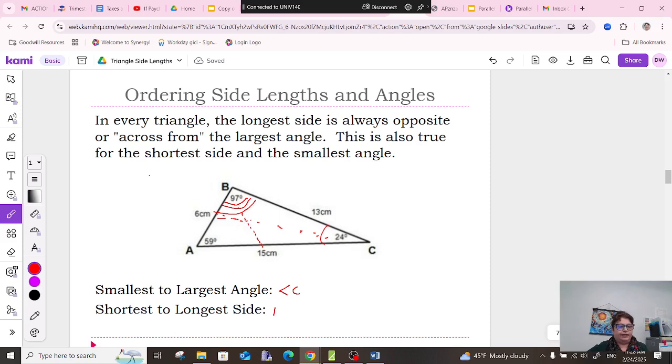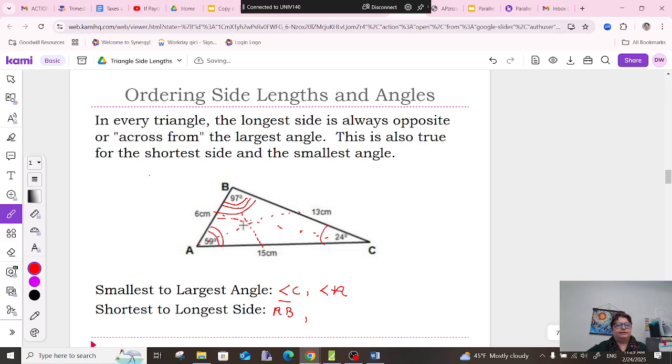So I'd write AB. What's the next largest angle? 59, right? And that's angle A. Okay, the next largest side would be opposite.